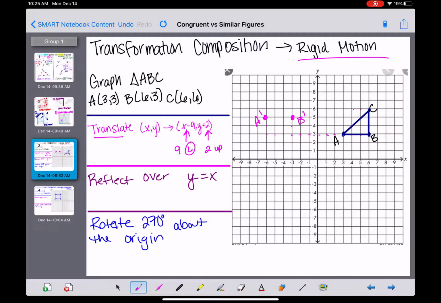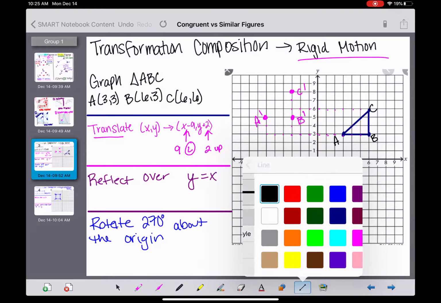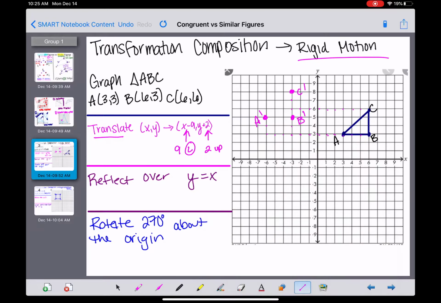C's 9 to the left, and 2 up to get C prime. I'm also going to make sure that I connect the dots to create the figure. Triangle ABC is congruent to triangle A prime, B prime, C prime. It's just in a different location.